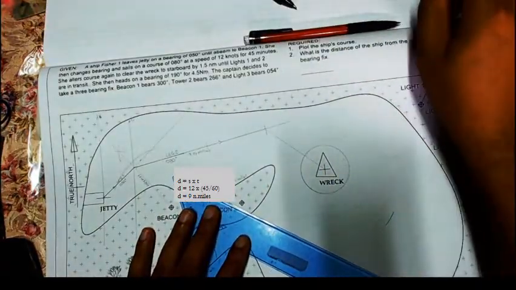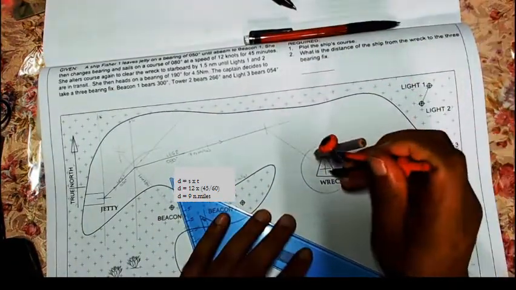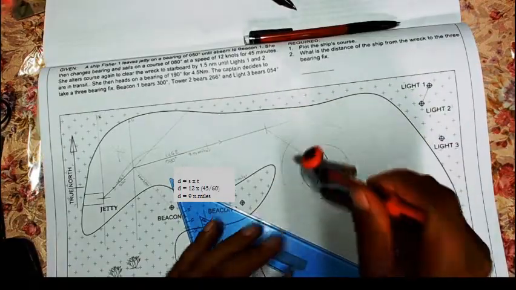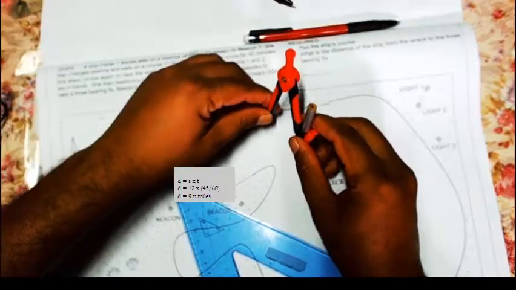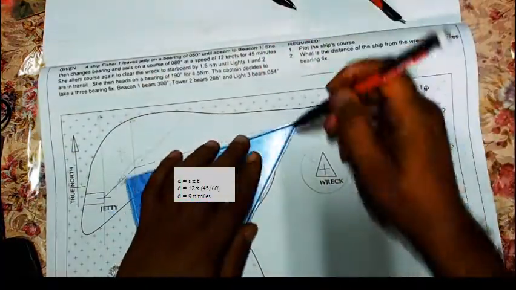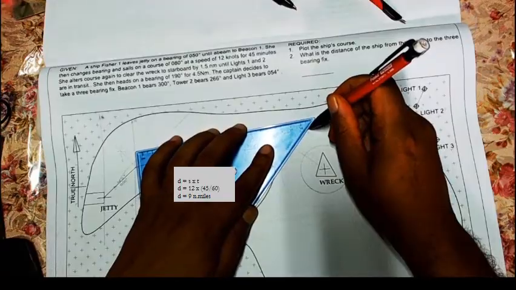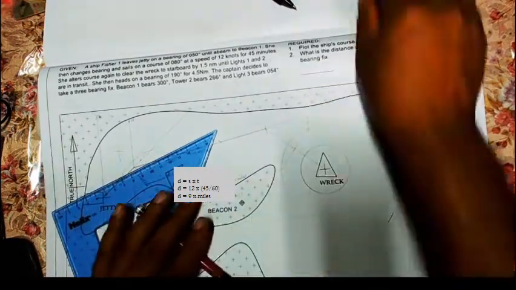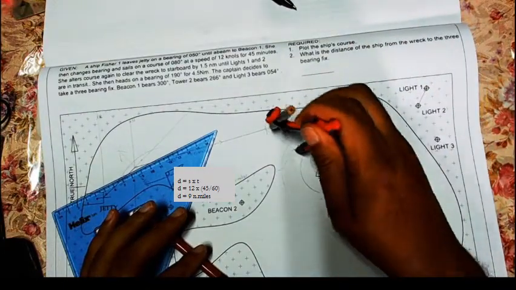Join the end of leg 2 to the center. Bisect that line. And draw a semicircle.